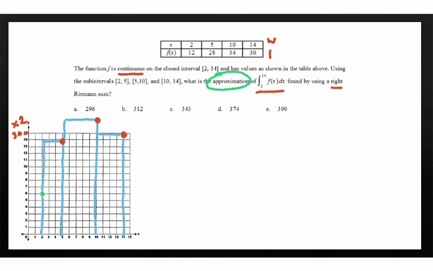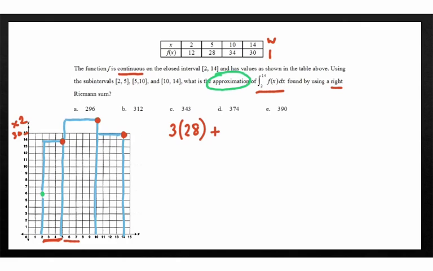All right, so first rectangle. How wide is it? Well, we're going from 2 to 5, so it has a width of 3. And then remember, 5 decided how tall the rectangle was, so that's going to be 28. First rectangle, 3 units wide, 28 units tall.